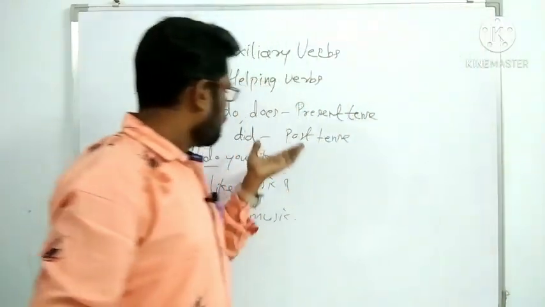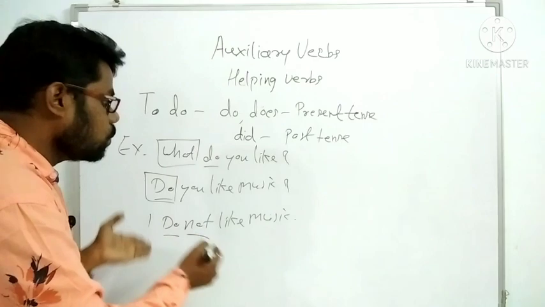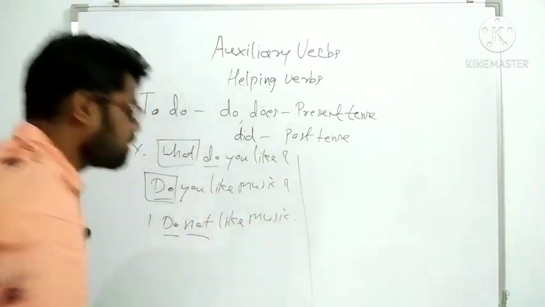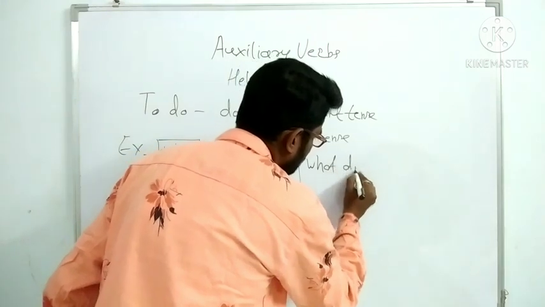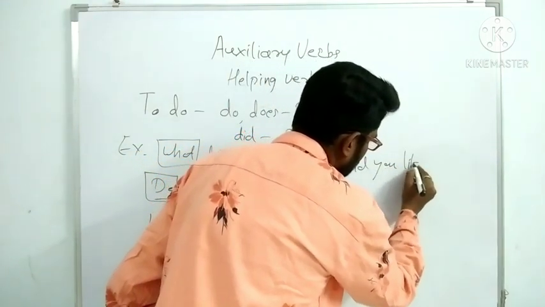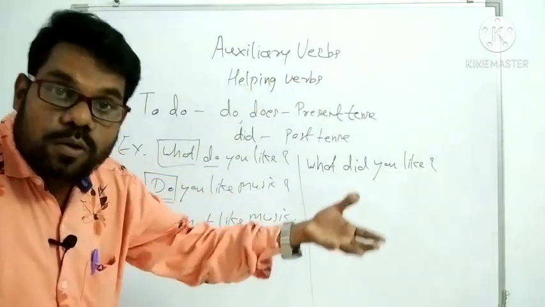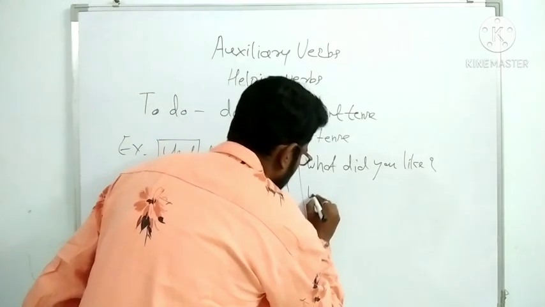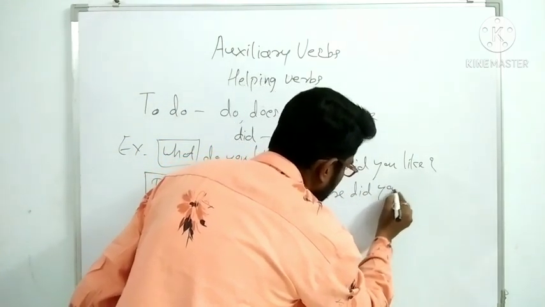The same with did, past tense. In this way we can use the same sentence sense. What did you like? See in past, where did you go? Where did you go?